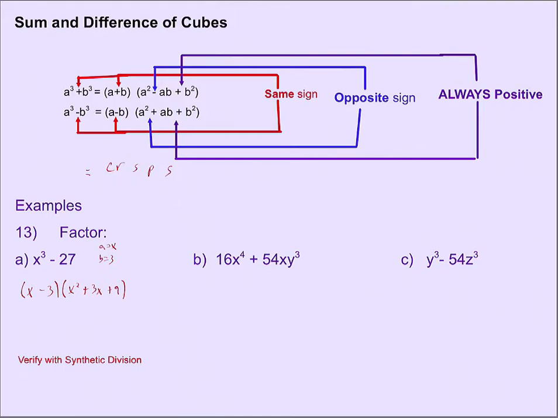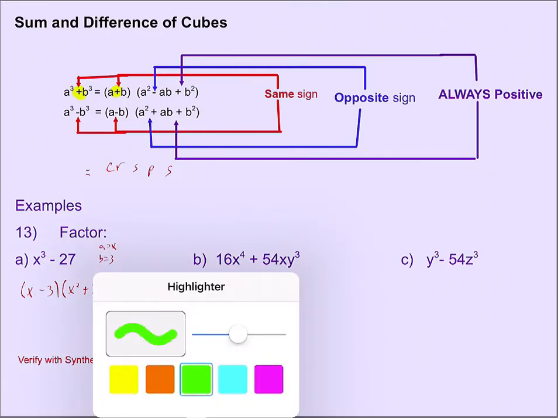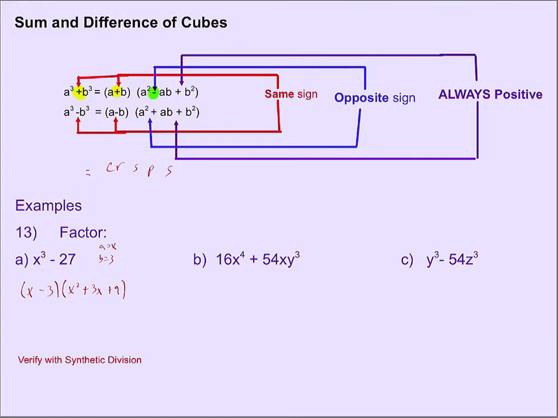The signs, I know it looks a little bit complicated up here with all those arrows. The signs are just that whatever sign you have in here is going to be the same at first. And then the next sign is always going to be different. And then the third sign at the end is always going to be positive, which you can remember because that last piece is a square, and squares are always positive.